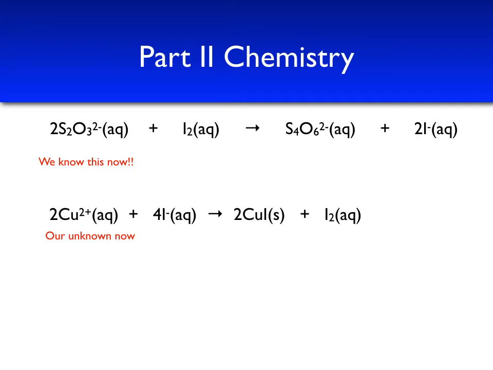So now we've added, but once again, the amount of I2 depends on the amount of copper 2+ in solution.